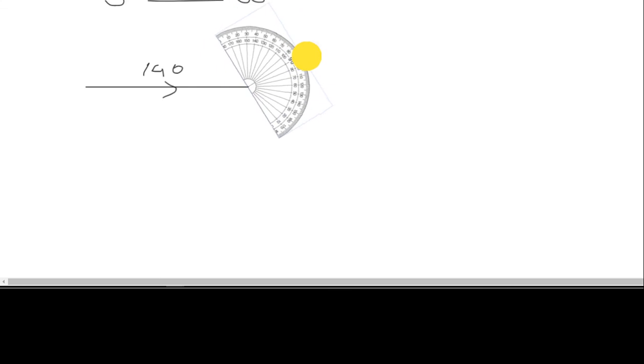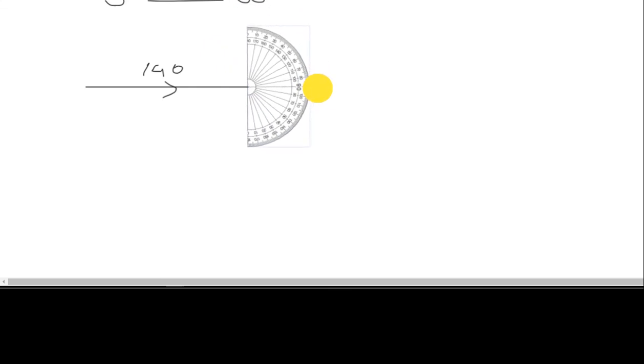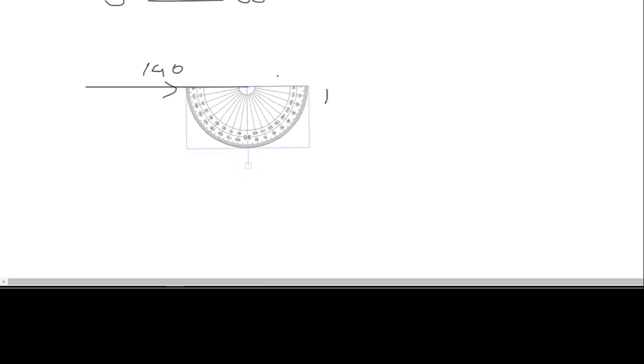So 180 plus 90 will give you 270, and 270 plus 48 will give you 318. So from here to 48, so 180 plus 138.